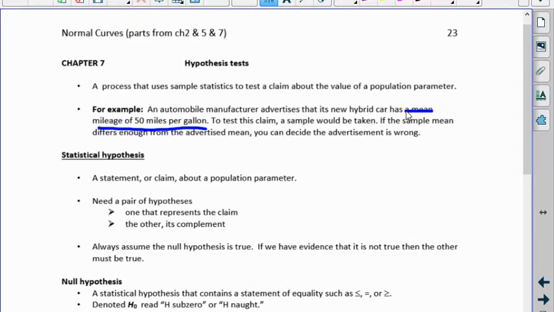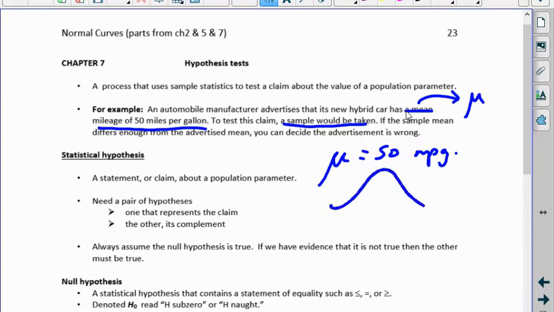What they're saying is that they have a population value that they claim is true. They claim that the population mean is equal to 50 miles per gallon, and you would do a test to see if you had enough evidence that it was not.